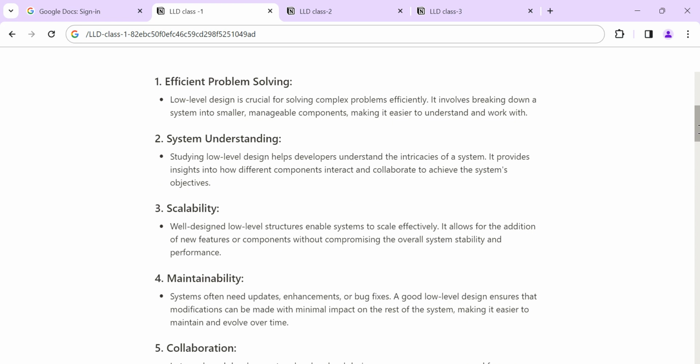How will it be maintained if you are working sometimes and you're not there? The issue should not come if you are not there. So maintainability is a major cost.